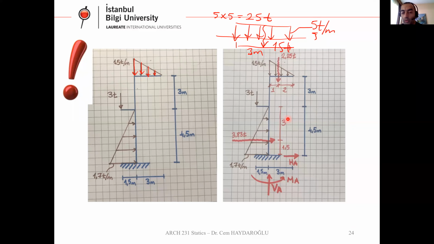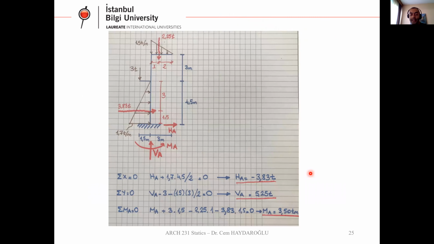And let's have a look at the support. What kind of support do we have? We have here a fixed support. That means we have 3 unknowns: 1 vertical A, 1 horizontal A, and 1 more moment A. Okay, here, let's write the total X. We have total forces on the system. As you can see here, 1 is HA, 1 is this.